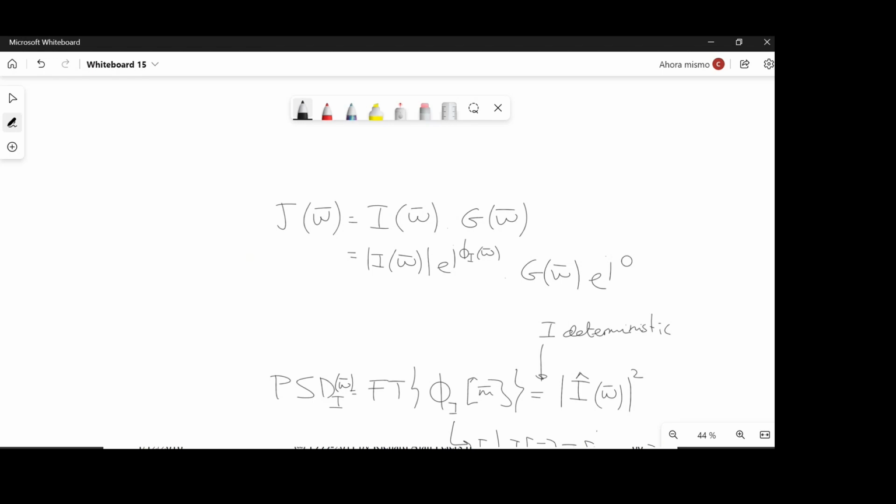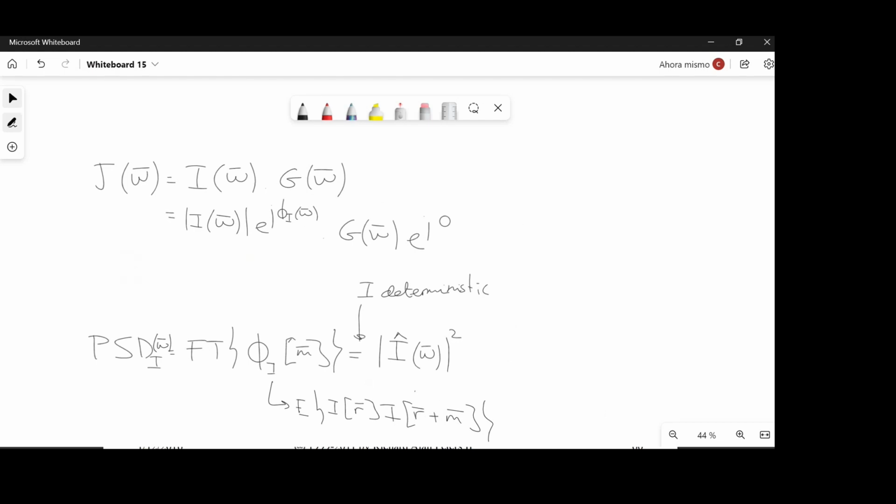Okay, so we continue here. What is the amplitude? The amplitude is the amplitude of the original times the Gaussian. This is the amplitude. And the phase will be the phase of the original at that frequency, plus 0.